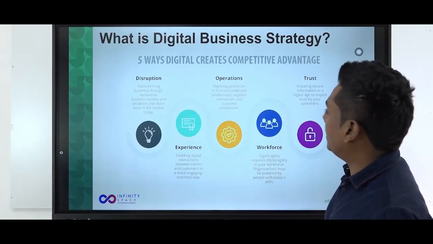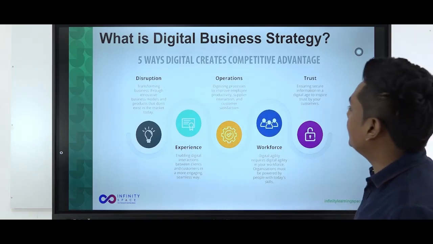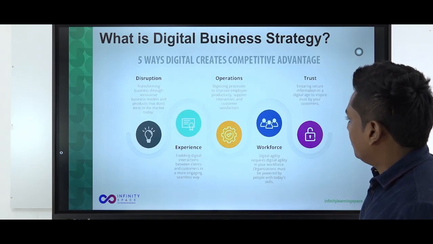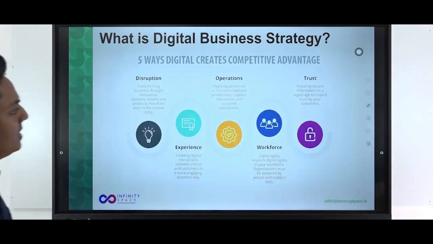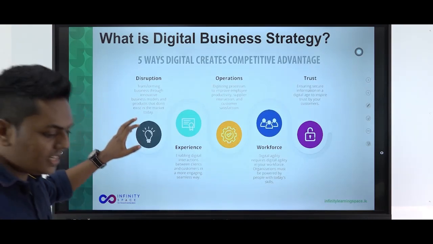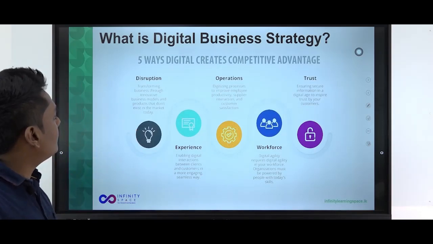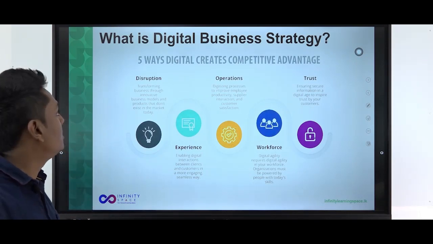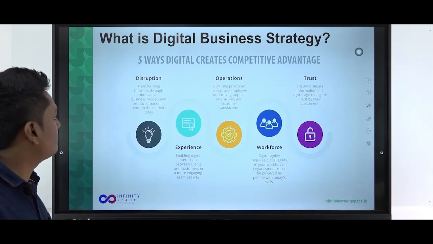With the five ways digital creates competitive advantage. If you look closely, these are certain factors, in practical terms, of how organizations can think of getting a competitive advantage through strategic business decisions.